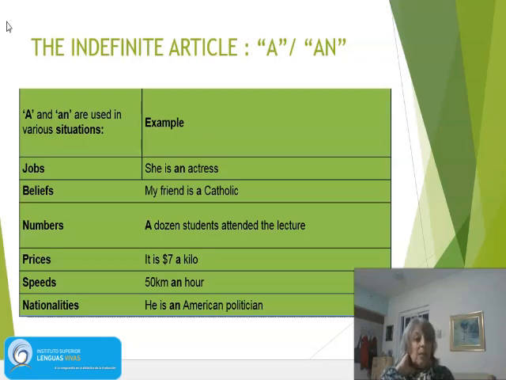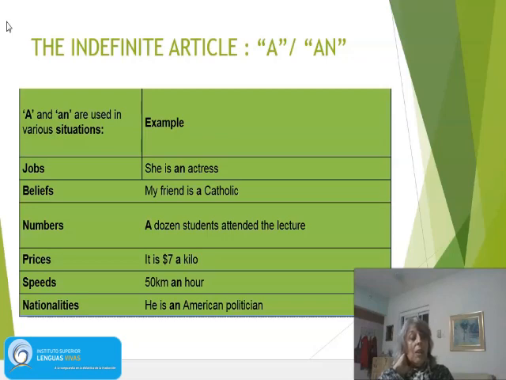In this case, we can compare or contrast it with Spanish, because in Spanish we use the preposition por: por kilo, por hora. And in English, we use the indefinite article a or an. In the case of an, we use that indefinite article when the next word begins with a vowel, or in the case of an hour, with a vowel sound, because the consonant H is not pronounced.